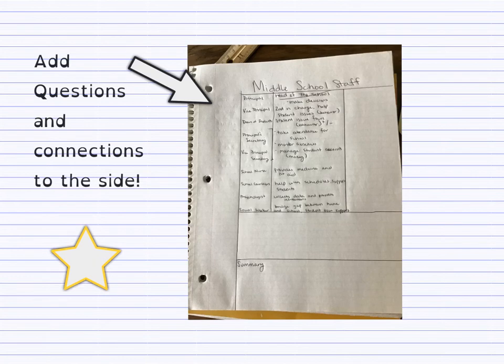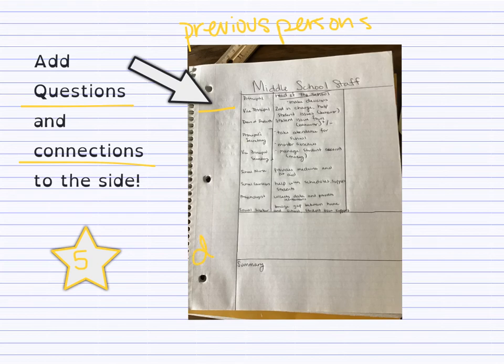Your goal is going to be to add 5 either questions or connections to this side here. So again, an example might be, my principal in elementary school was, so a previous person that you've had, or if you've worked with someone before, writing down who you might have worked with.